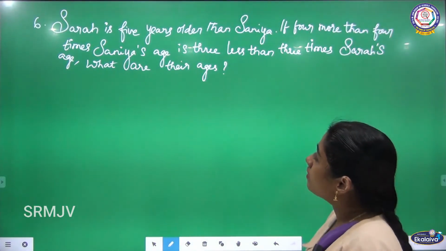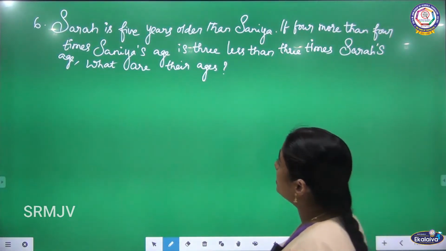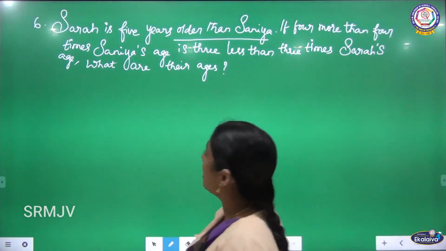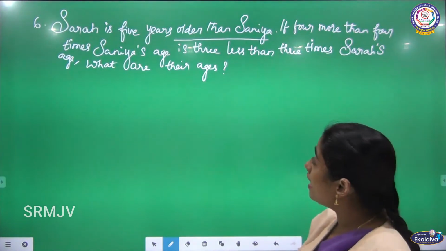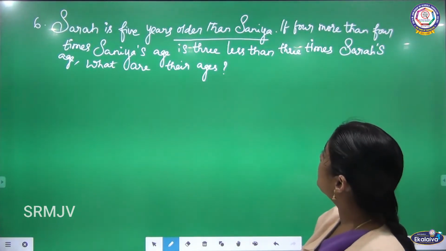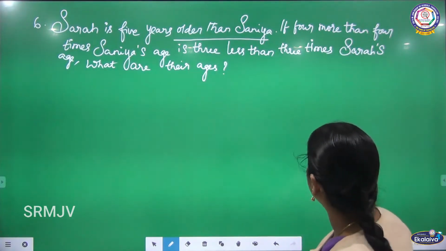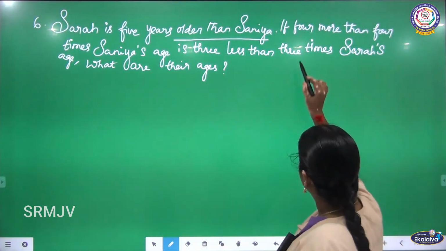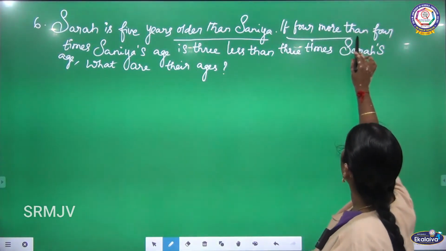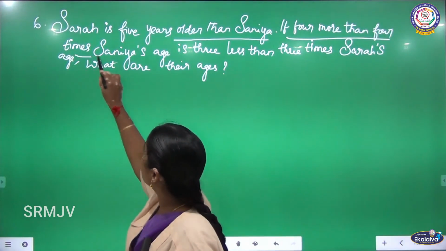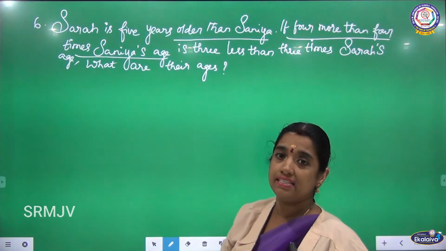Listen. Sarah is 5 years older than Sania. Sarah is 5 years older than Sania, and one more, what is given?